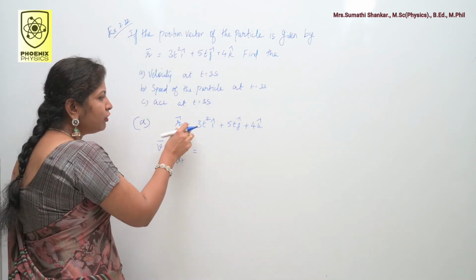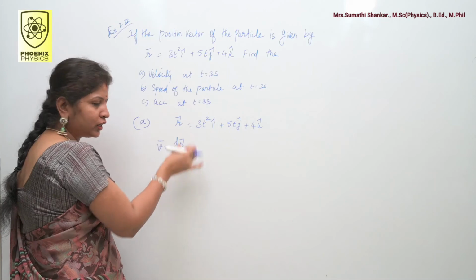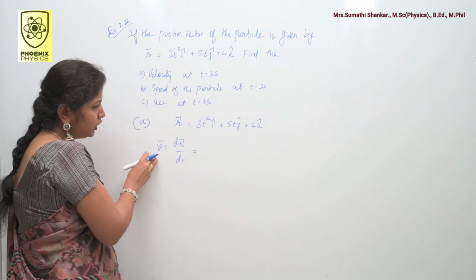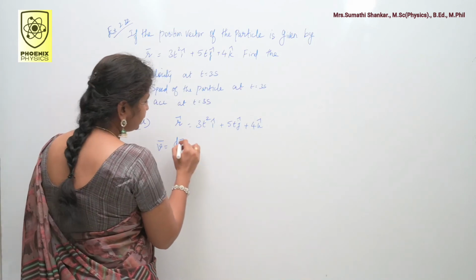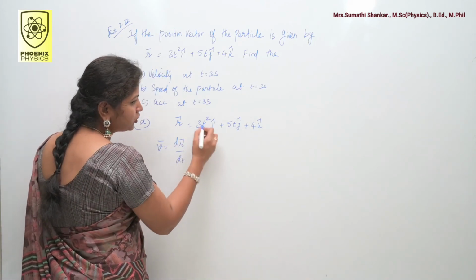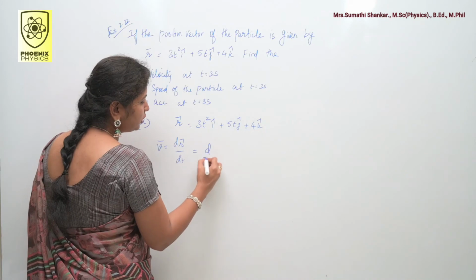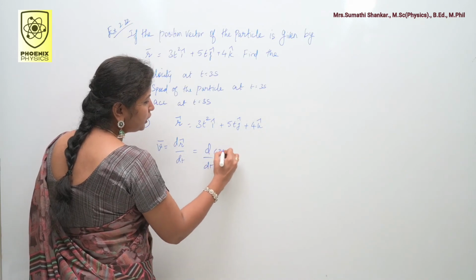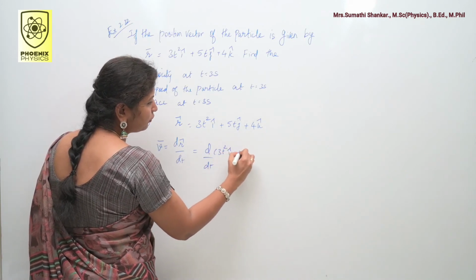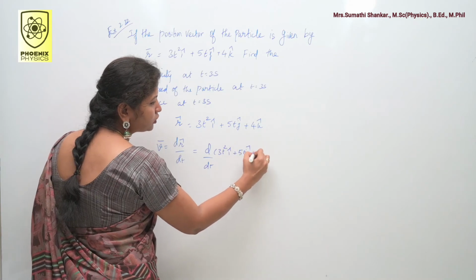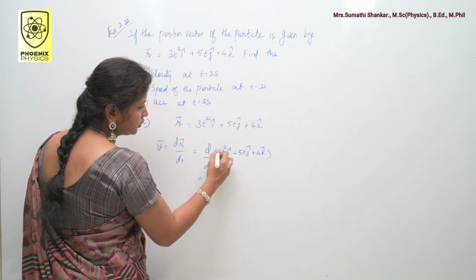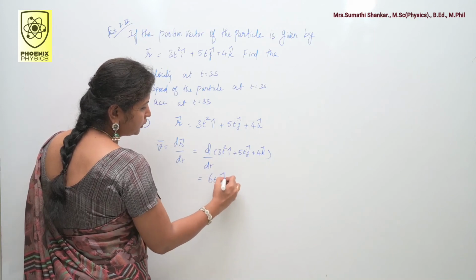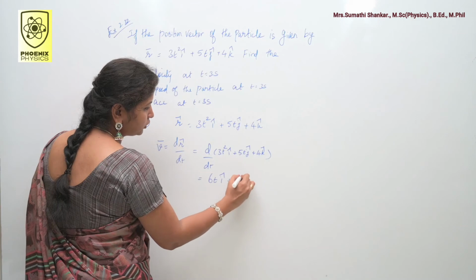You know that the first derivative of position vector is equal to velocity. So v is equal to dr by dt. So how do you find dr by dt? Just differentiate this, that is d by dt of 3t square i vector plus 5t j vector plus 4k vector. So your answer is 6t i vector plus 5j vector.